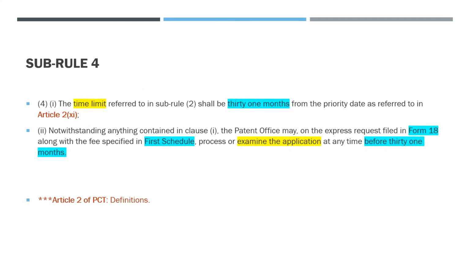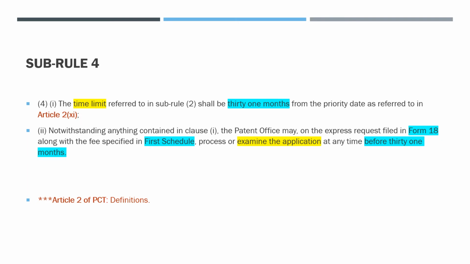Sub-rule 4 says, clause 1, the time limit referred to in sub-rule 2 shall be 31 months from the priority date as referred to in Article 2, clause 11.